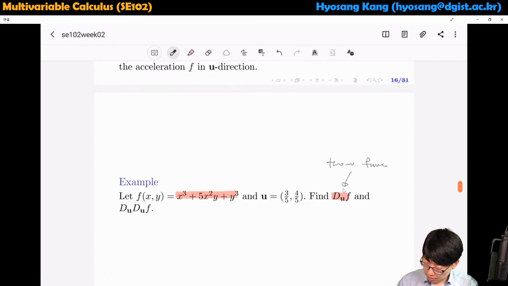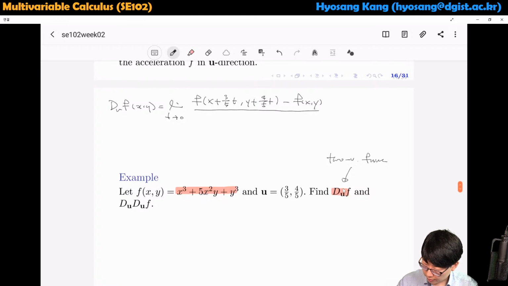So first of all, follow the definition. D_u f(x, y) equals the limit as t goes to 0 of f(x + 3/5 t, y + 4/5 t) minus f(x, y), divided by t, right? So the long computation. We have t goes to 0, so 1/t taken out.